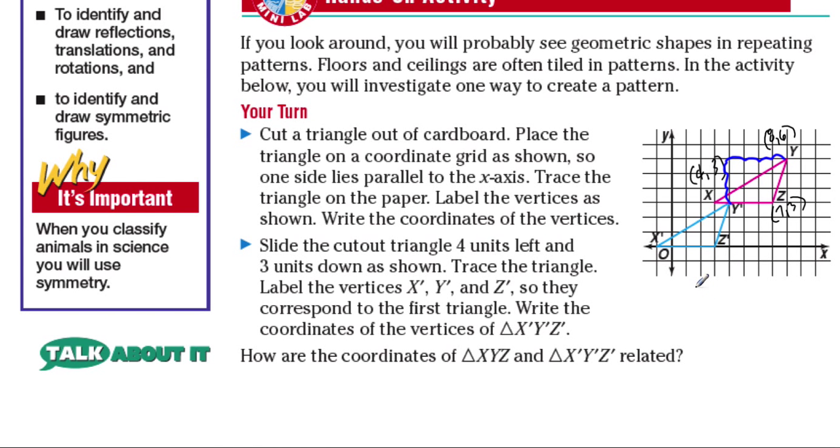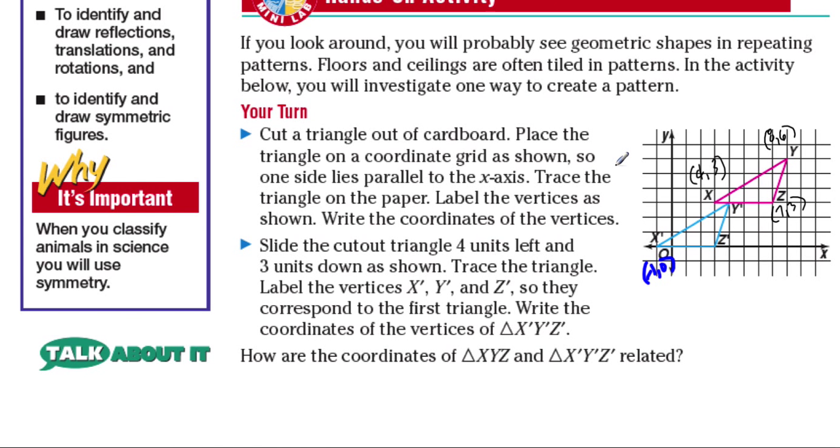After that we trace the triangle and end up with our blue triangle, and we label the vertices x prime, y prime, and z prime so they correspond to the first triangle. Write the coordinates of the vertices of x prime, y prime, and z prime. X prime is negative 1, 0.